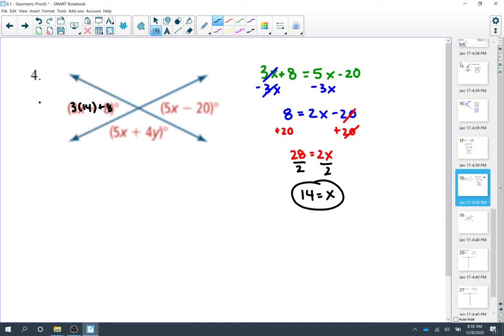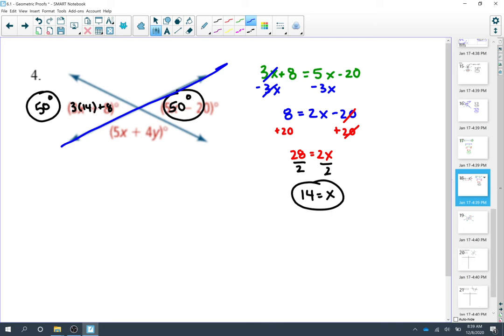So I know this angle is 50 degrees, which means I also know that this angle is 50 degrees. But I need to find this one. So at this point, I don't know the vertical angle, but I do know the linear pair or the adjacent angle.